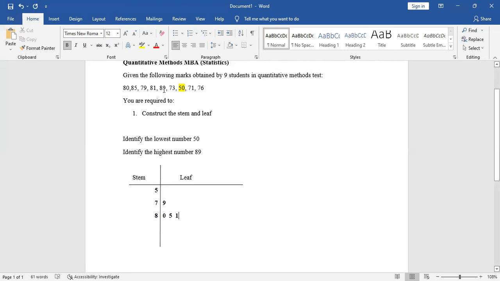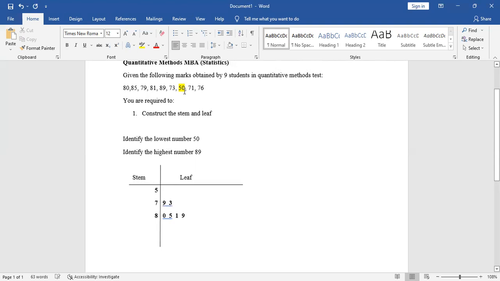Then the next number is 89. I need to bring a 9 here to indicate 89. Then the next number is 73, so I need to bring a 3 here to indicate 73.